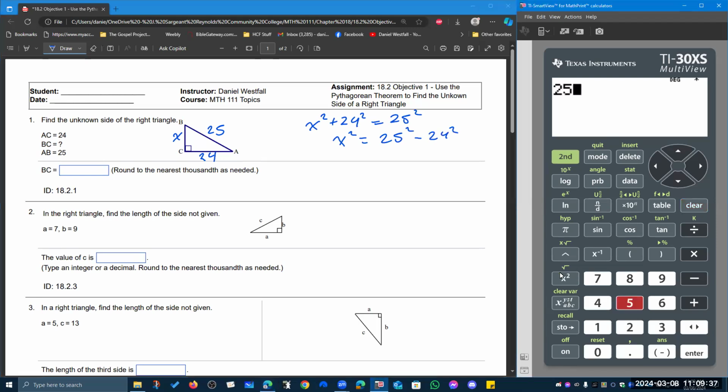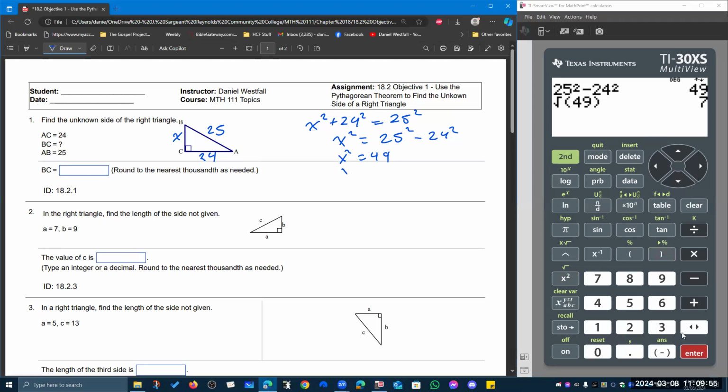And 25 squared minus 24 squared is 49. And the square root of 49 is 7. So x equals 7. That is one of our Pythagorean triples, a 7, 24, 25 right triangle.